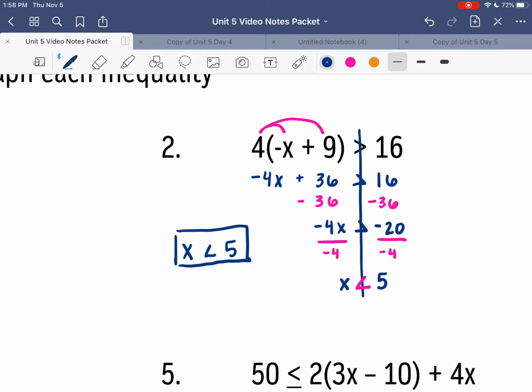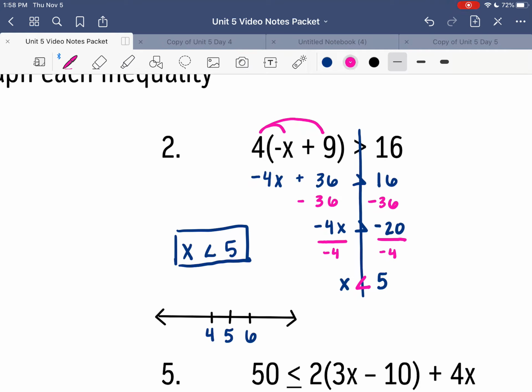To represent that visually on our number line, I'm going to sketch my number line. And I like to just put a couple. You can put more numbers if you want. I just usually put 3. So I'm going to list my 5 in the middle. And then 1 up and 1 down, so 4 and 6.